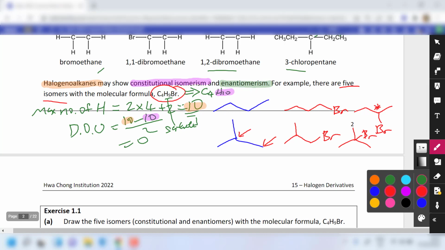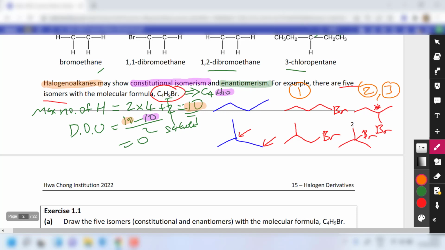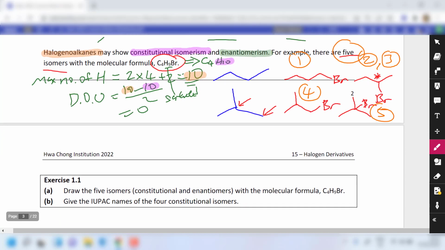Yeah, so the total number of isomers will be 1, okay, and then 2, but we need to count it 2 times because it exhibits enantiomerism, so therefore we need to consider the mirror image and itself as separate compounds. So 1, 2, 3, 4, and then 5. Okay, yep. So there are a total of 5 isomers. So we have successfully identified them.